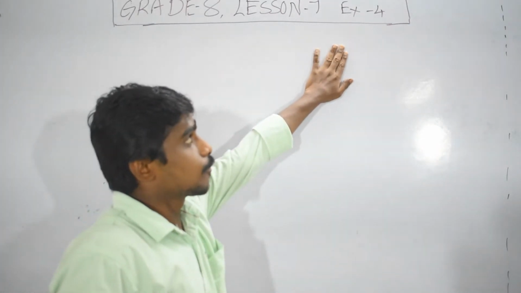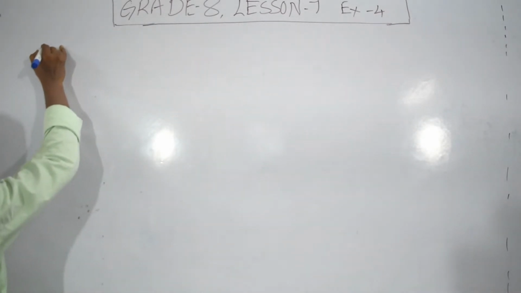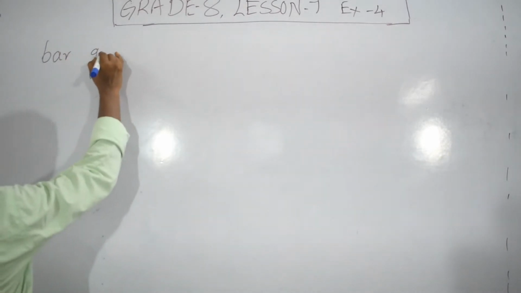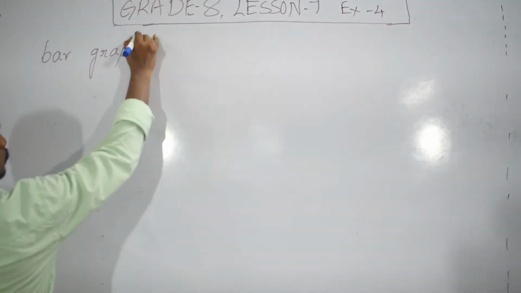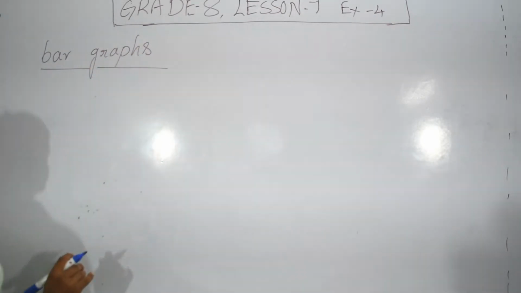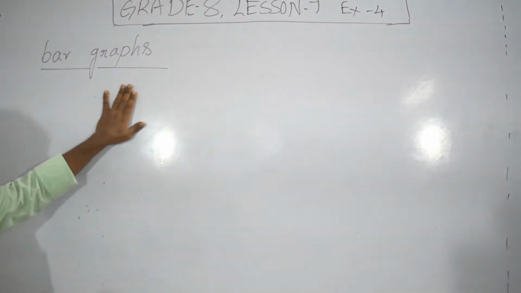Today our topic is exercise 4, 7th lesson, bar graphs. See, we know this graph is for numerical data.